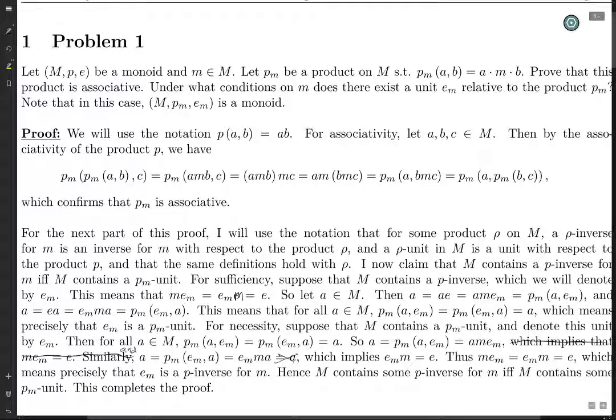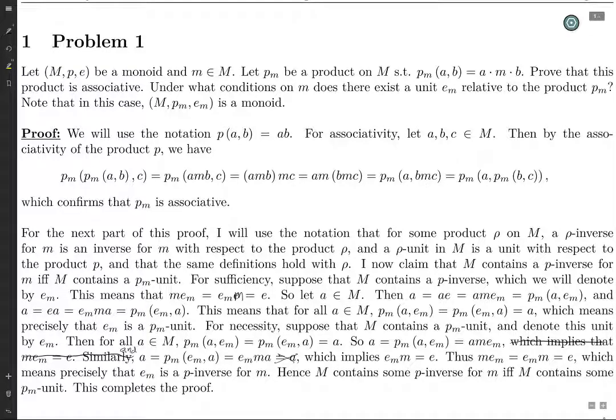It is when you have AMEM equals A equals EMMA. And so EMM equals E, and so then you could do the same thing for M and EM flipped.